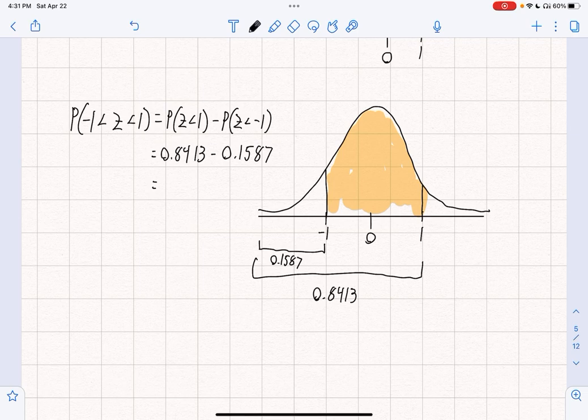Actually, I didn't calculate this yet. Let me grab my calculator. We can see that this comes out to 0.6826.